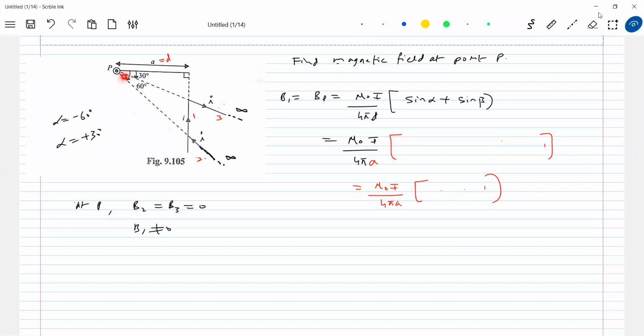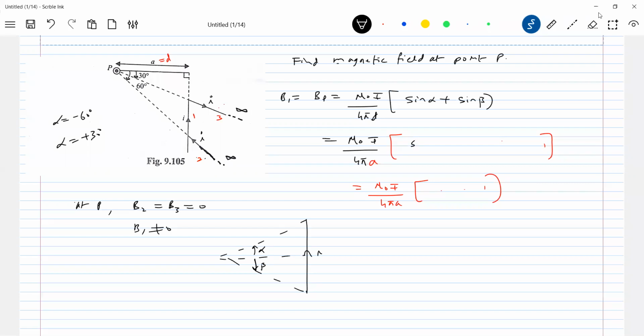So here alpha will come. If you are getting confusion, you can do it like this. We take this as alpha, this as beta, no? So beta is plus 30. What about alpha? Alpha is measured opposite to beta, so alpha will be negative now.